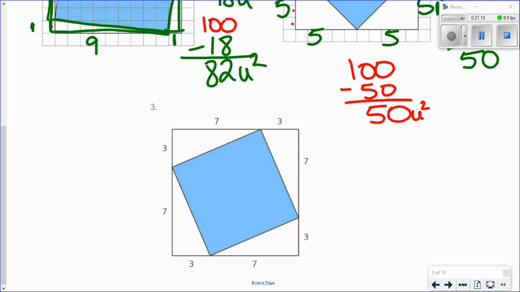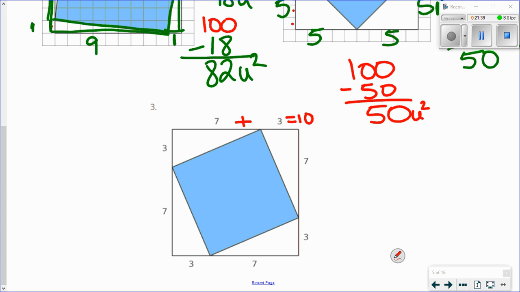All right, so with figure 3, this time, like I said, the grid had been taken away, but they do provide us with some numbers. So we can still apply the same concept of enclose and subtract the space we don't need to get the space that we do need. So again, I'm going to find the area of the entire white square first. I know when I add up 7 plus 3, I get 10 in both directions.